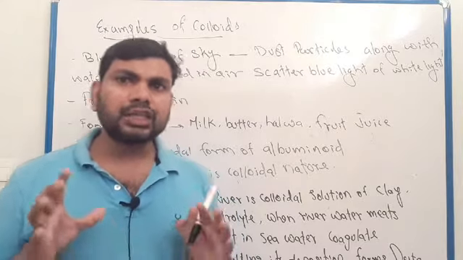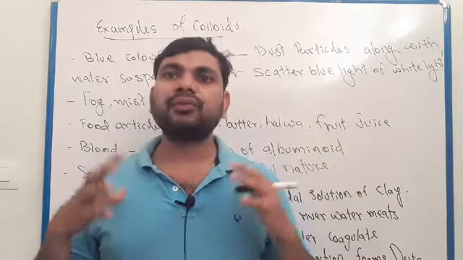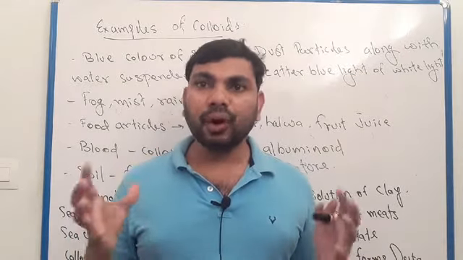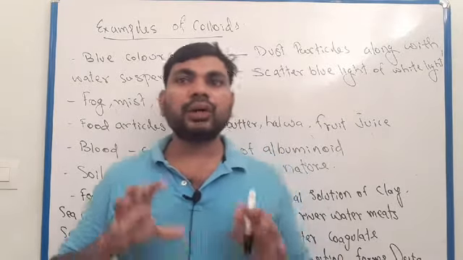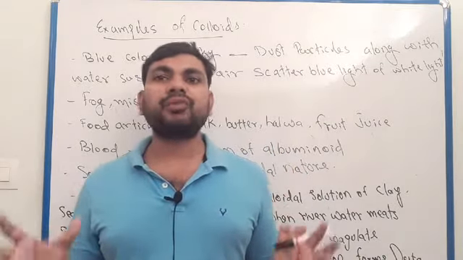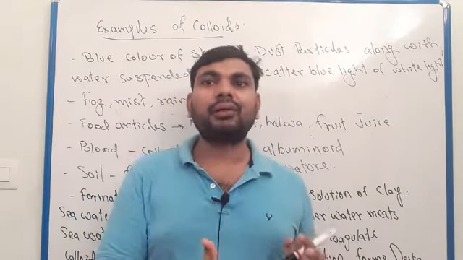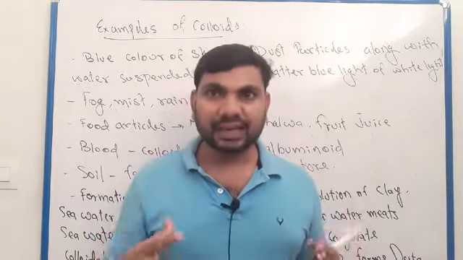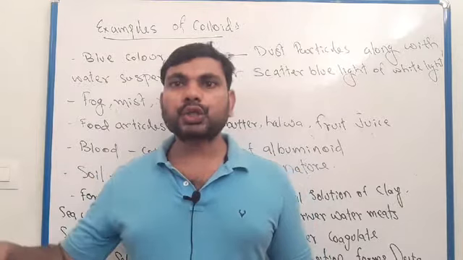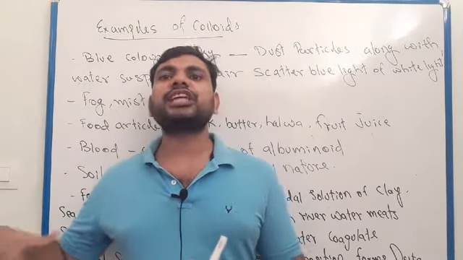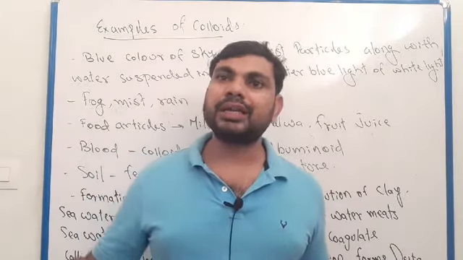And river water meeting sea water to form a delta, the formation of a delta, is also an example of a colloid. We know river water contains a colloidal form of clay. Seawater contains different types of electrolyte, such as sodium chloride and magnesium chloride.